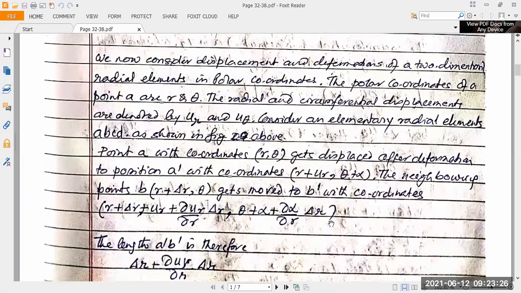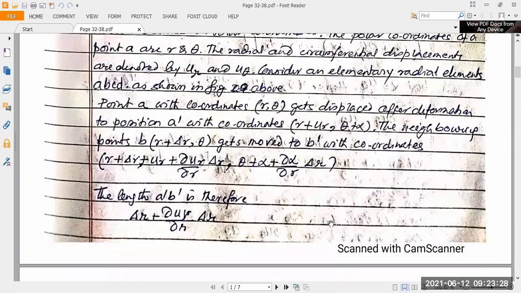Now, the length A dash B dash. What will be the distance? Length A dash B dash will be delta r plus delta ur by delta r into delta r itself. So length A dash B dash is the difference between the radial coordinates of A dash and B dash. The radial coordinate of B dash is this one, and that of A dash is this one.